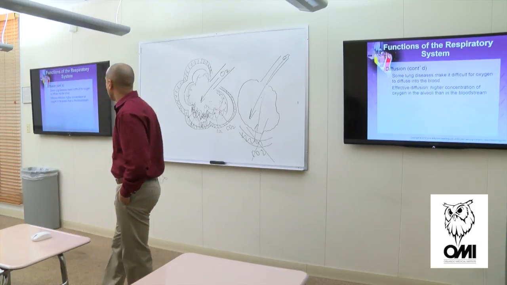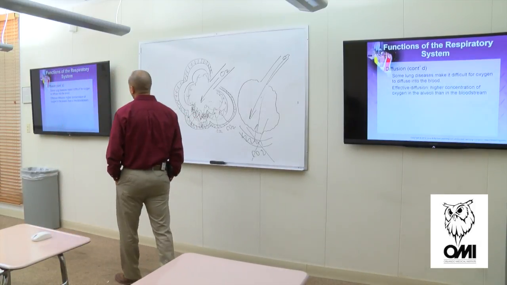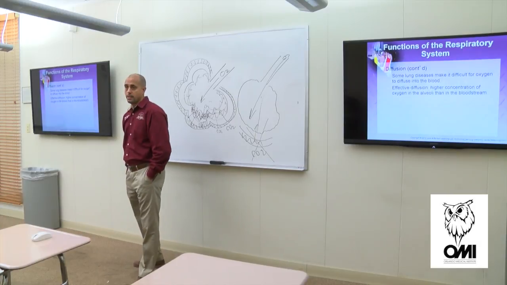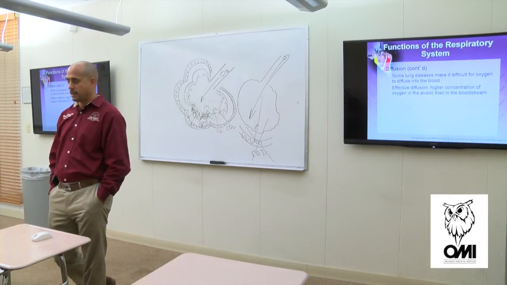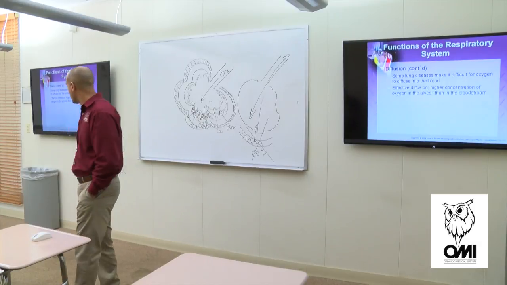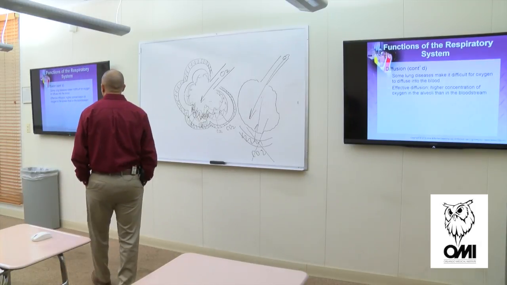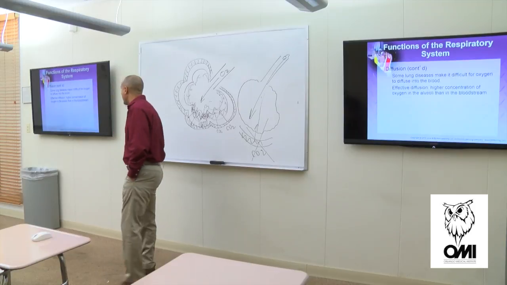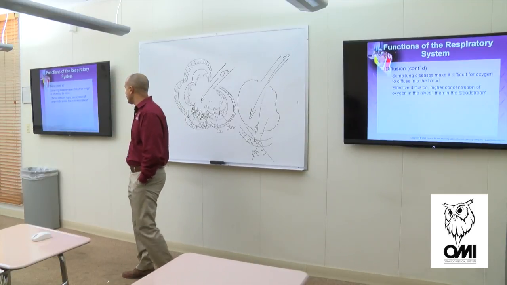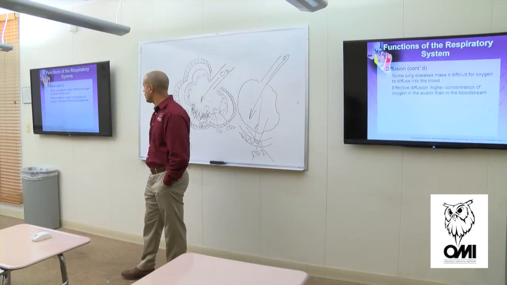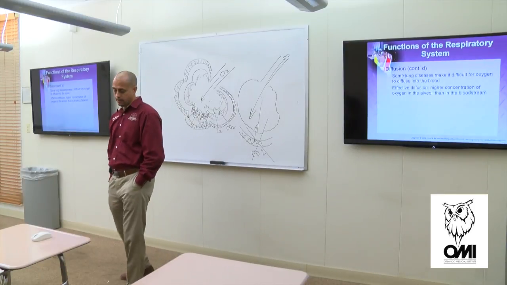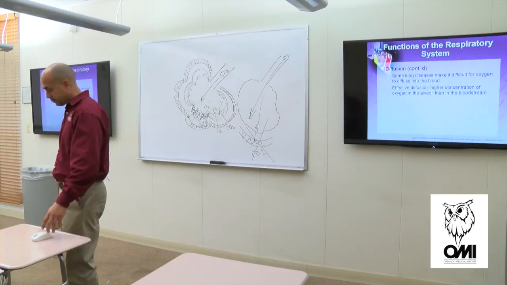Some lung diseases may make it difficult for oxygen to diffuse into the blood system. Pulmonary edema is a great example. Fluid in the interstitial space is not going to allow oxygen to go in or CO2 to come out. Diffusion goes from an area of higher concentration to an area of lower concentration. So higher concentration of oxygen goes into the alveoli, then into the blood system. That's how it works.